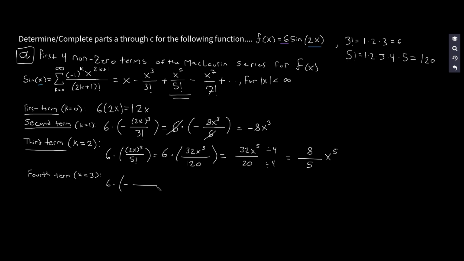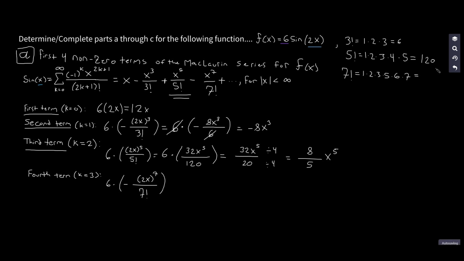This is going to be negative 2x raised to the 7th power over 7 factorial. So we've got to do 7 factorial. 7 factorial equals 1 times 2 times 3 times 4 times 5 times 6 times 7.